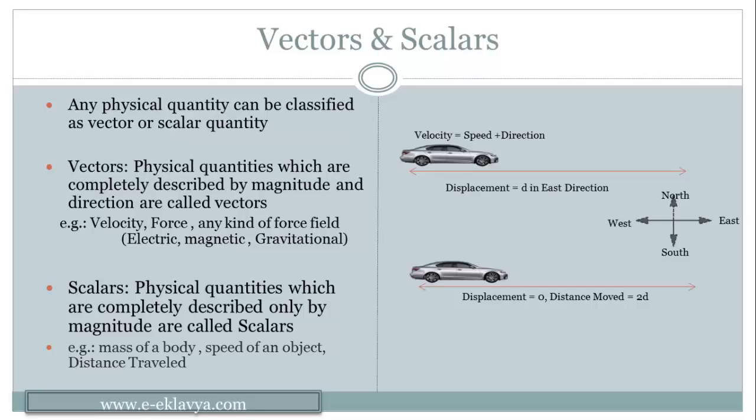So consider any kind of force, right? Gravitational force. When we say gravitational force, we need to specify its direction. Gravitational force is generally towards the center of the earth, right? You take an object, raise it to a height and leave it, it falls down on the earth.